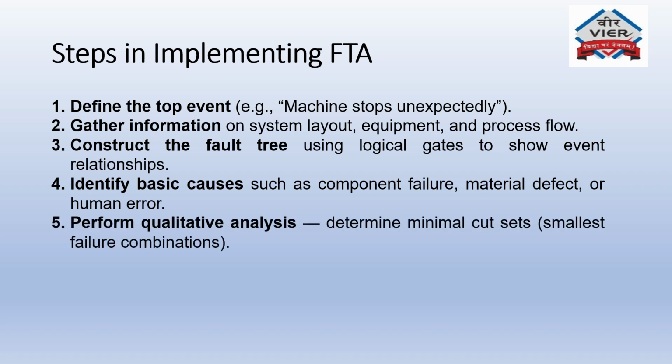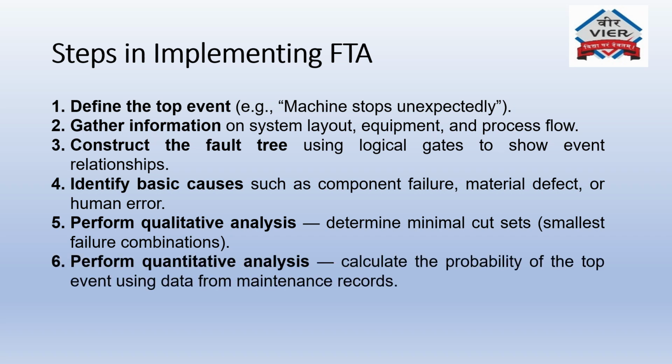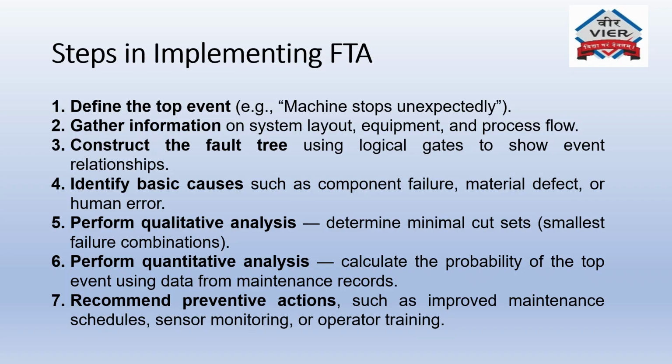Perform qualitative analysis: determine minimal cut sets, the smallest failure combinations. Perform quantitative analysis: calculate the probability of the top event using data from the maintenance records. Then recommend preventive actions such as improved maintenance schedules, sensor monitoring or operator training based on the previous steps.